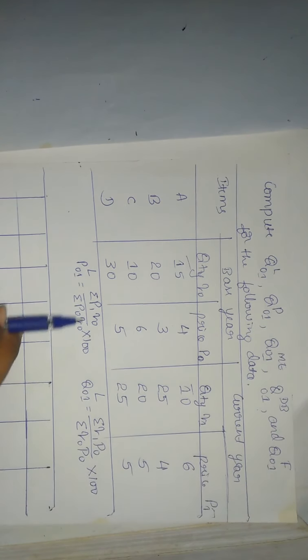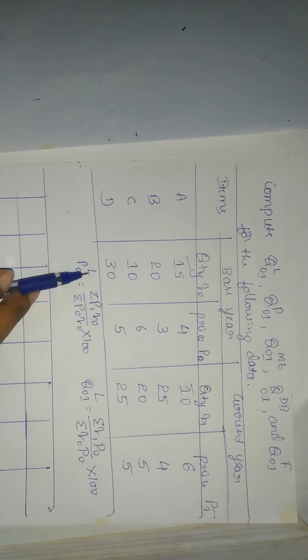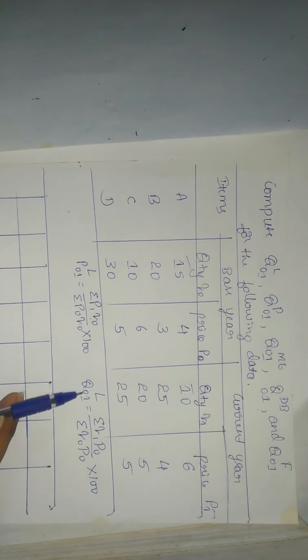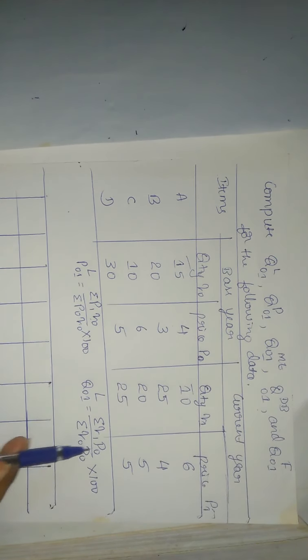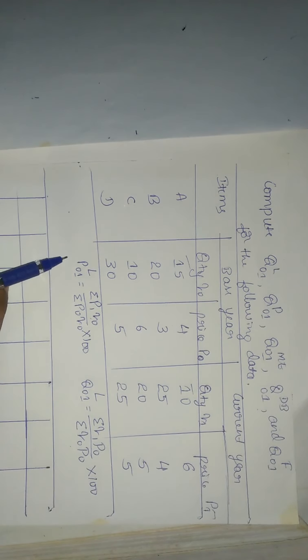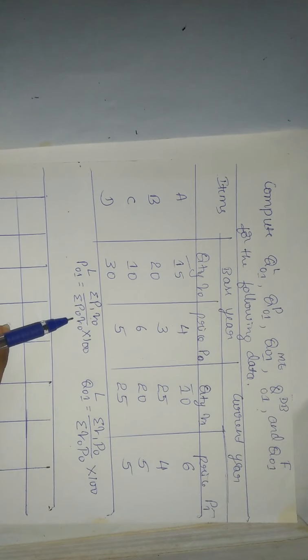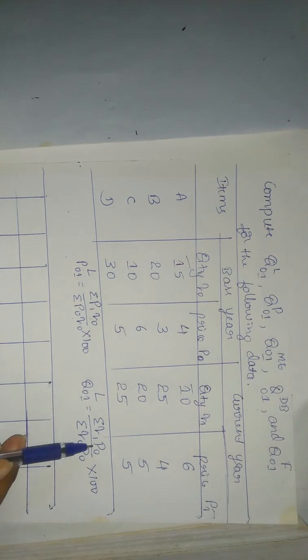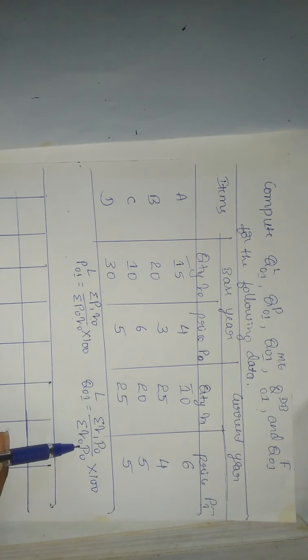See here, my dear students, in the Laspeyres price index number we take Q naught, in the Laspeyres quantity index number we take P naught. That means in the Laspeyres price index number, base year quantities are taken as weights. In the Laspeyres quantity index number, base year prices are taken as weights.